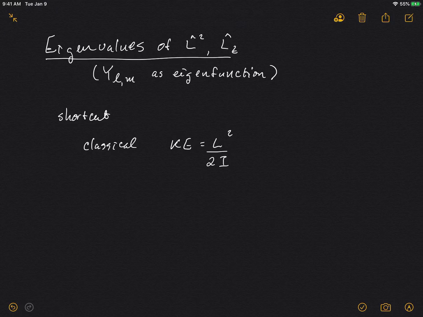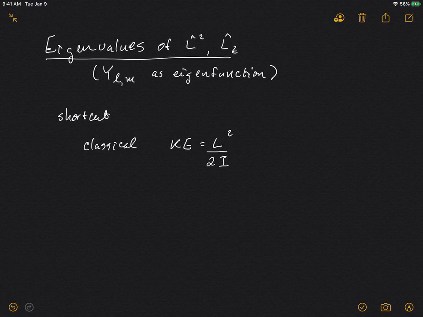It's mu r squared, or mass times r squared, where r is the length of the rigid arm in the rotor.